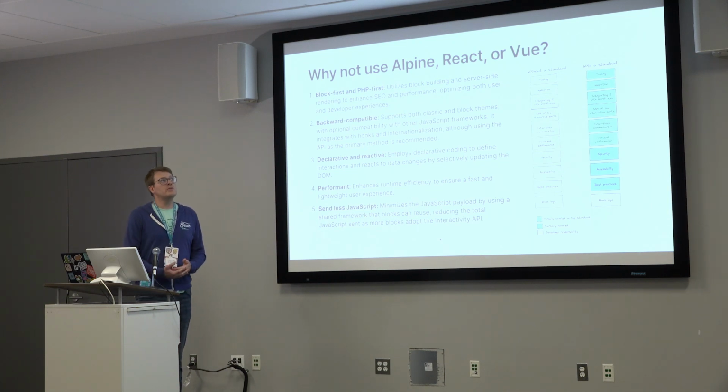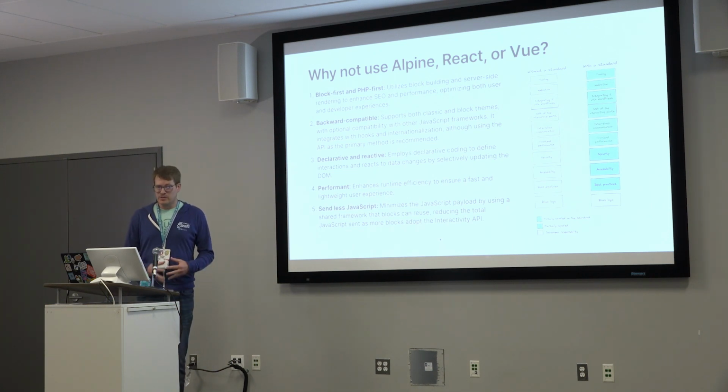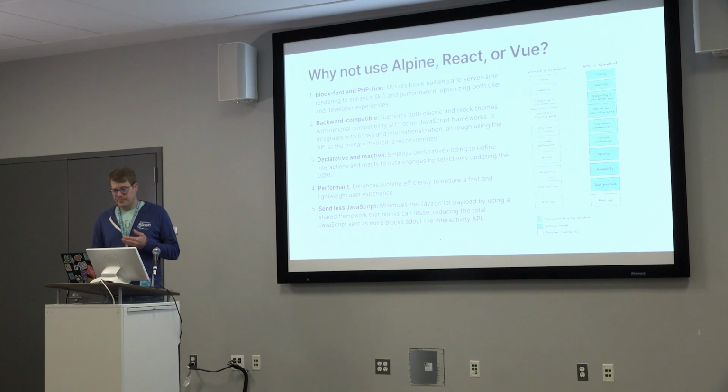You can certainly use all these other frameworks like Alpine, but you'll have to jump through a lot more hoops and do a lot more setup, and the onus will be on the developer themselves. But with this API, you already have the code pulled in for you, so there's already less JavaScript that's going to be shipped, and it's always going to be backwards compatible, which is always a beautiful thing with WordPress.